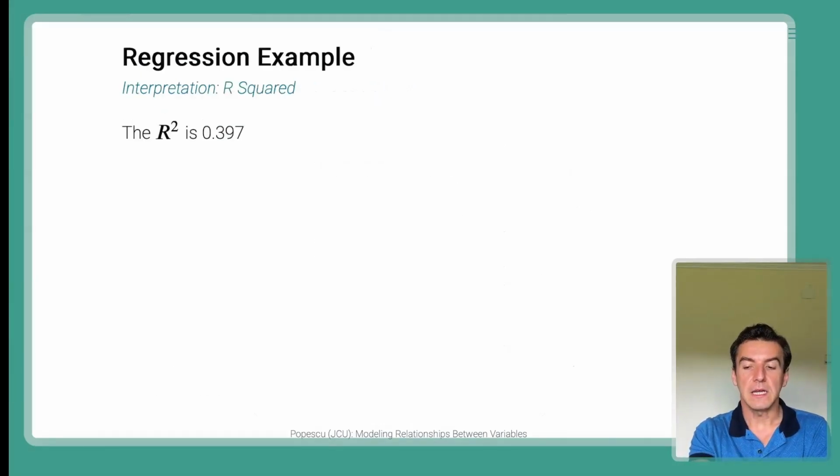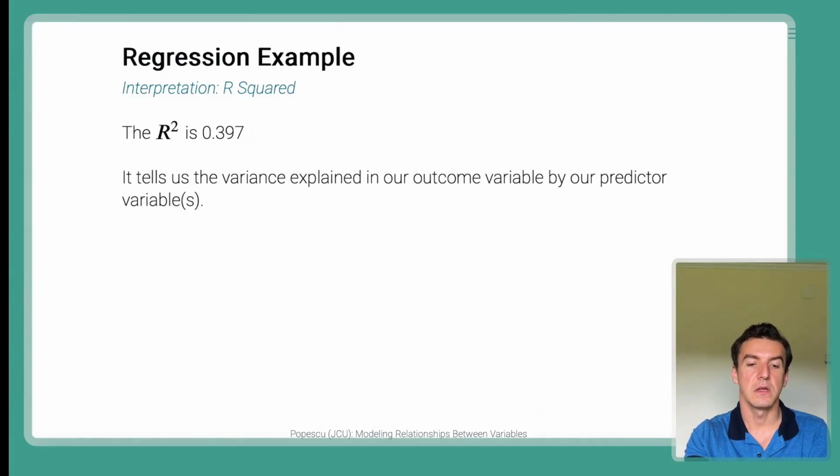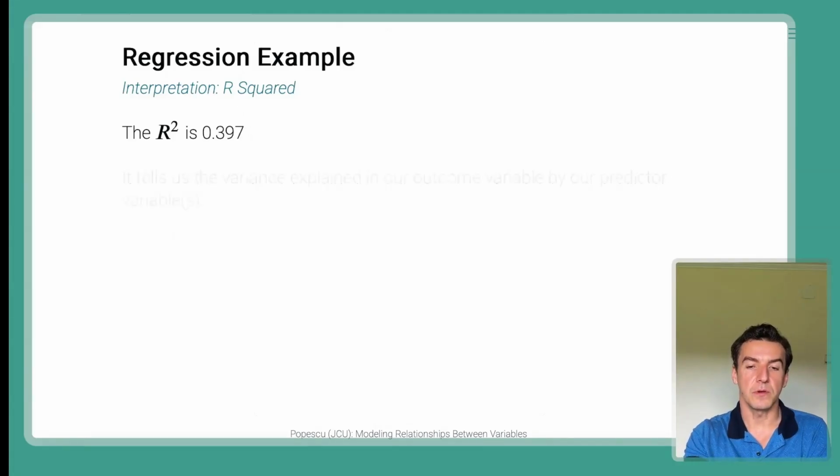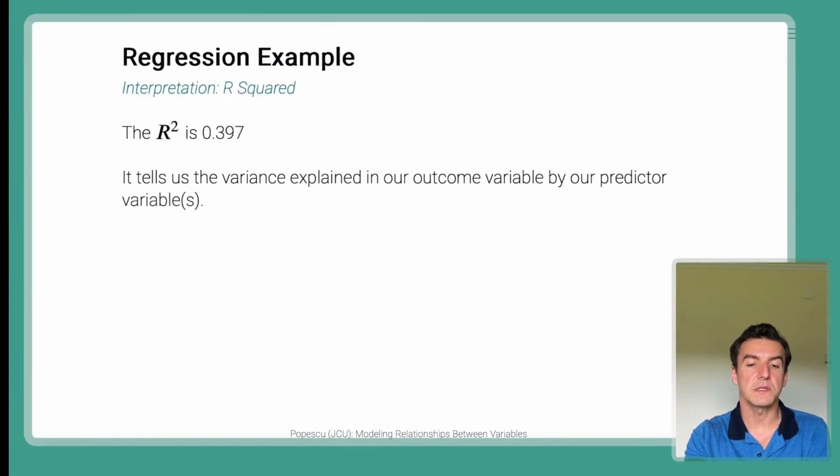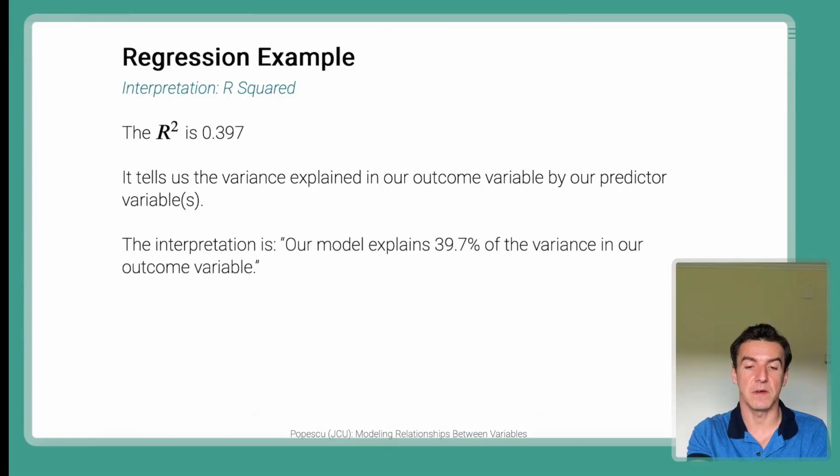Okay, finally, how do we think about this symbol, r squared? We got an r squared of 0.397. This number tells us the variance that is explained in our outcome variable by the predictor variables. How much of the variance in the dependent variable is explained by our independent variable.